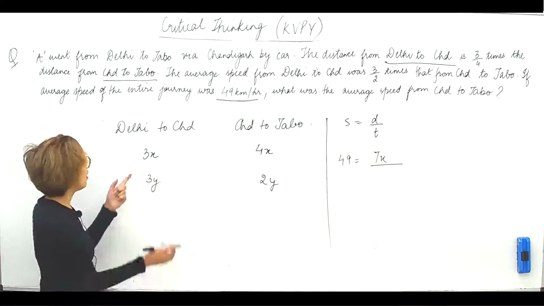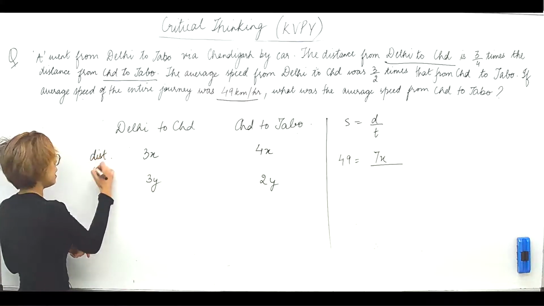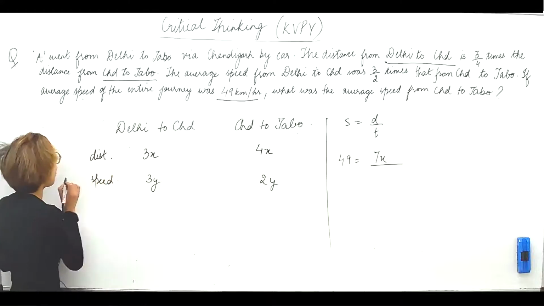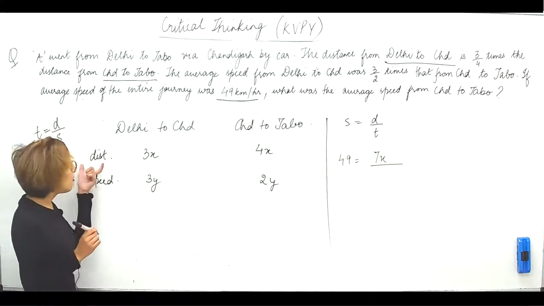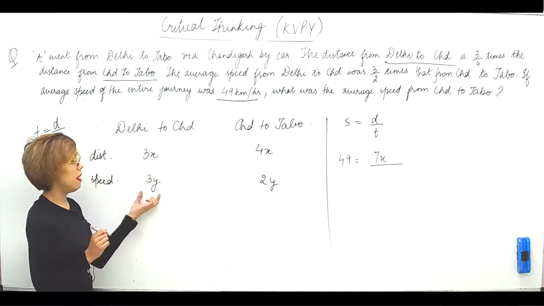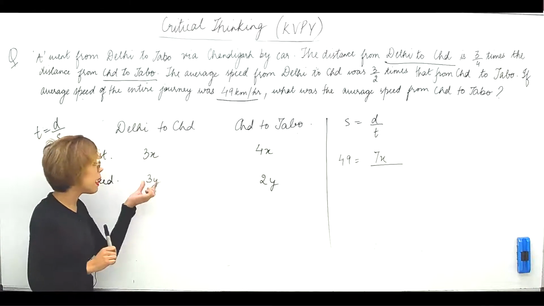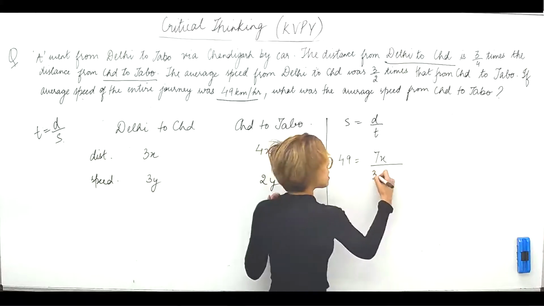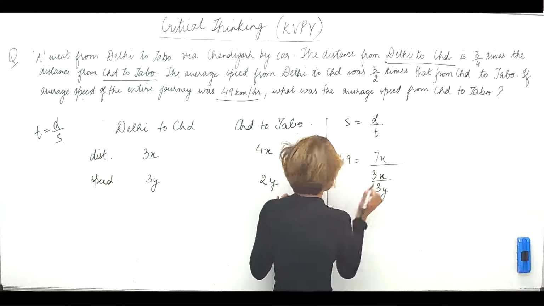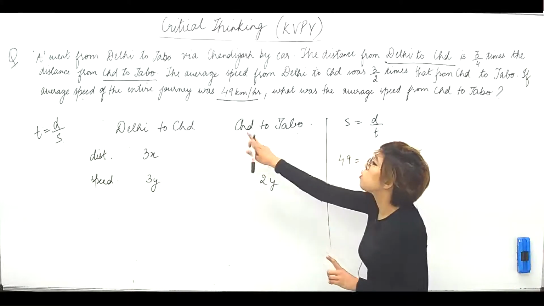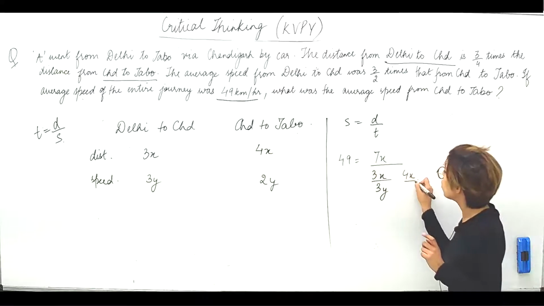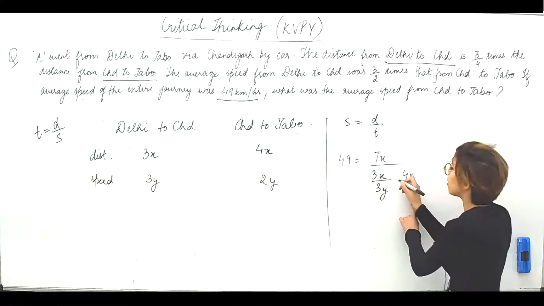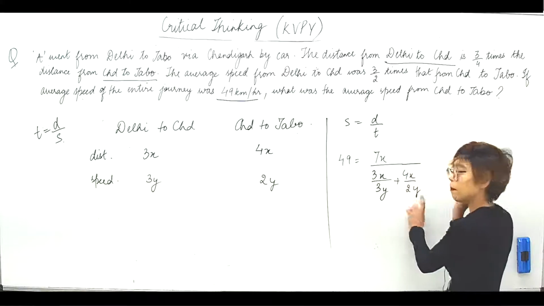Time is distance by speed, so it is 3x by 3y. And the time taken from Chandigarh to Tabo is 4x by 2y. If I add the 2 times, I'll get the total time.